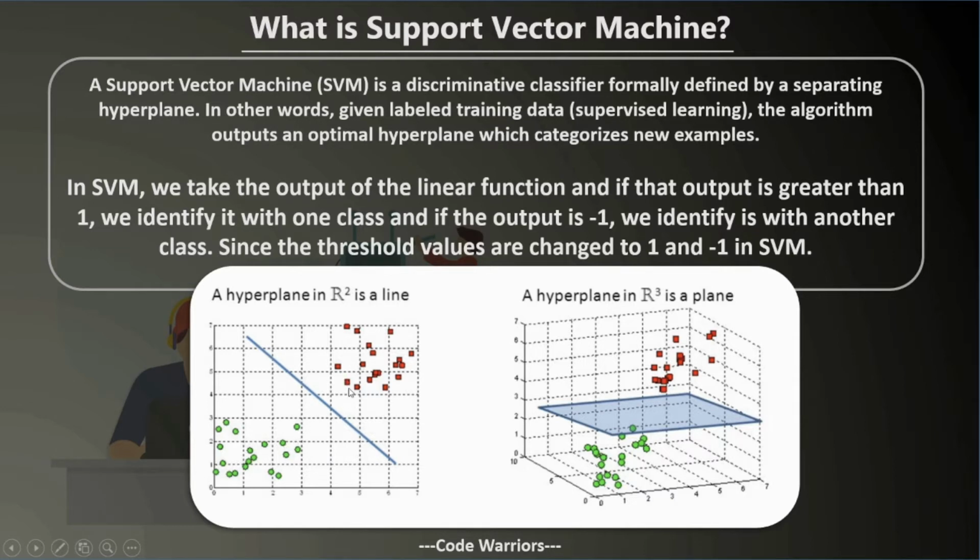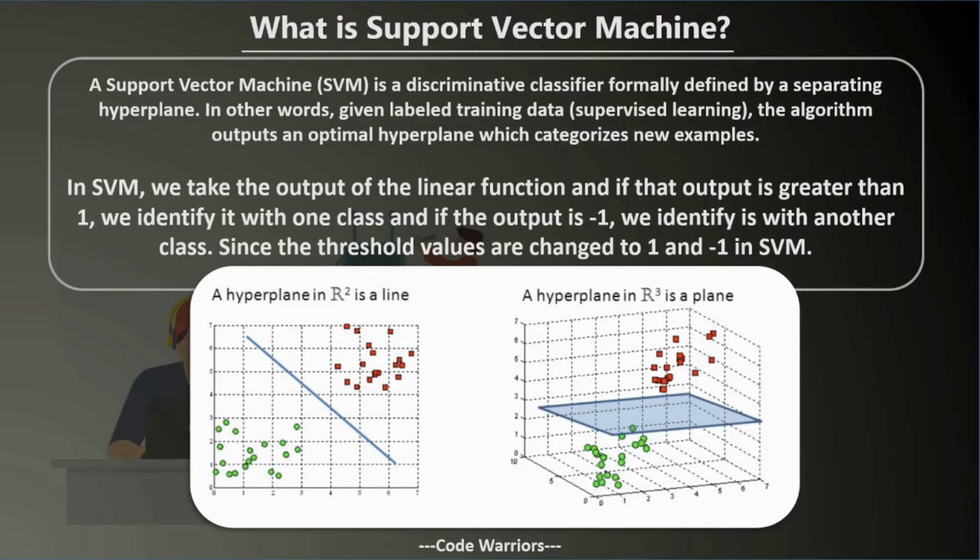Similarly, this red data point has more properties of the green class compared to others. In this way, support vector machine tries to find an optimal hyperplane so that it can split both the classes from each other.